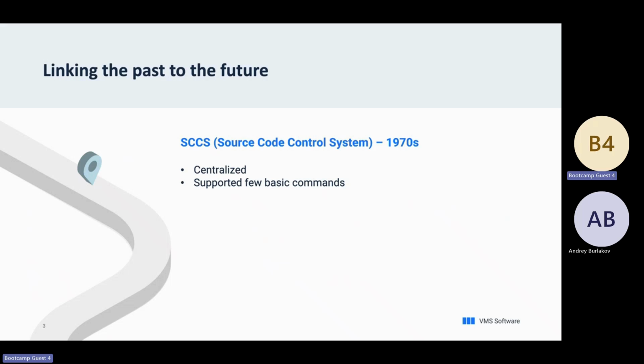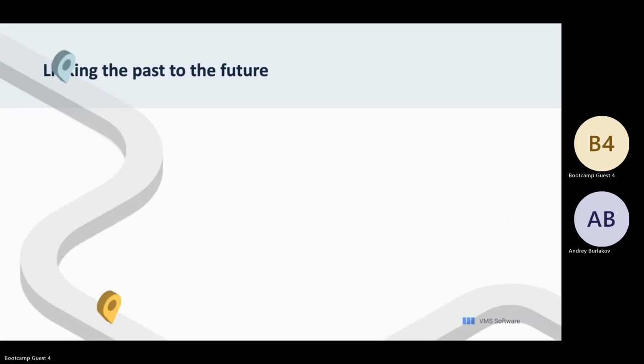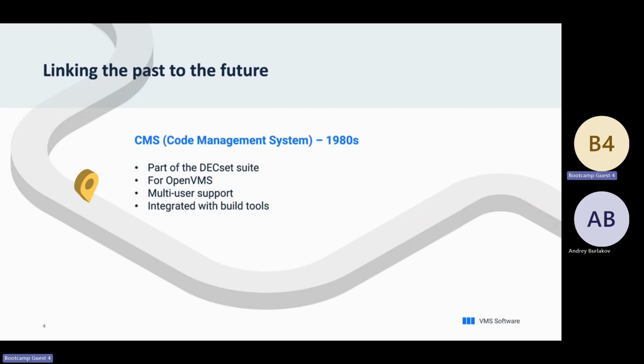In that time, another great tool was developed, which is called CMS, Code Management System, in the 1980s. It was a part of DECset, and it was just for OpenVMS. It allows multi-user support and was integrated with build tools like LSE, VDE, MMS, and so on.